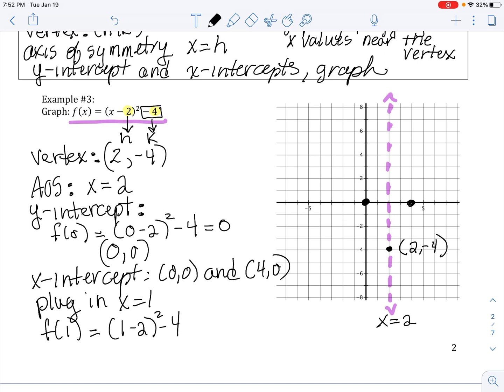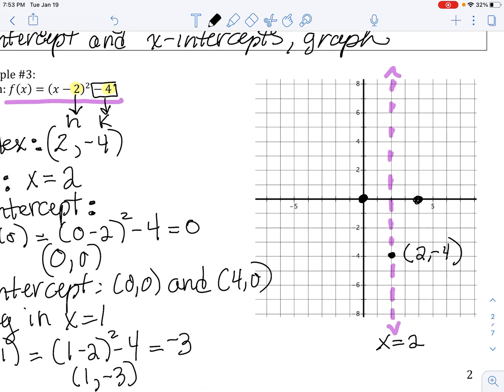Order of operations. 1 minus 2 is negative 1. Squared is positive 1. Minus 4 is negative 3. And again, please feel free to use your calculator for that. So that is the point (1, -3). All right. So (1, -3) right there.